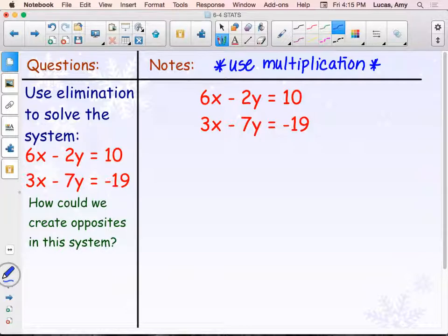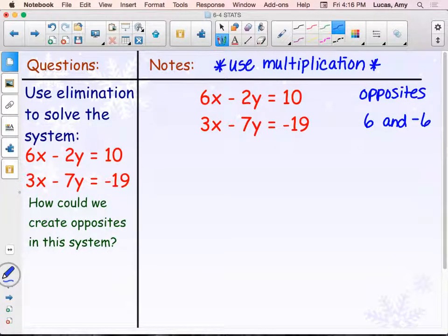If we were going to work with fractions with those denominators, I would prefer, because it's your choice which one you want to work with, to work with the 6 and the 3. Because I know that the opposite of 6 is negative 6. So opposites would be 6 and negative 6.